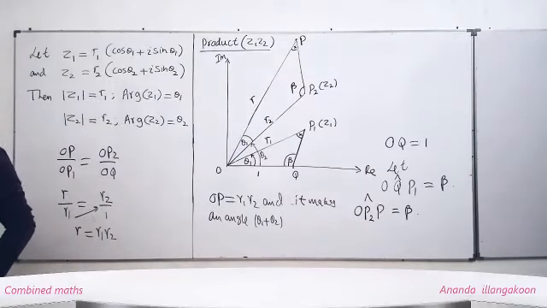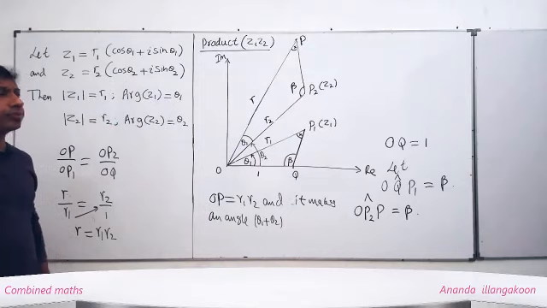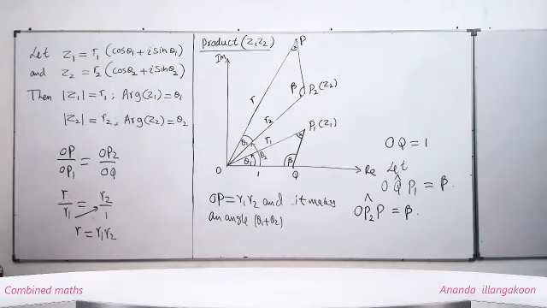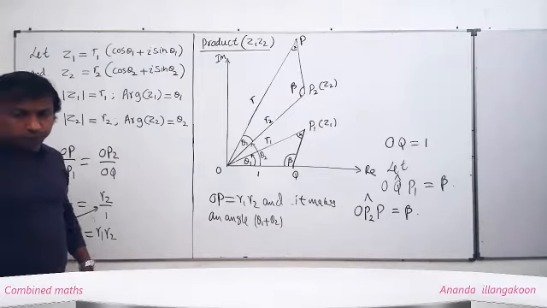Therefore, point P represents the complex number Z1 Z2.